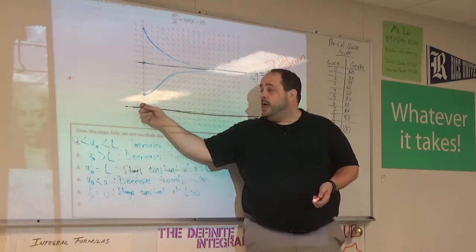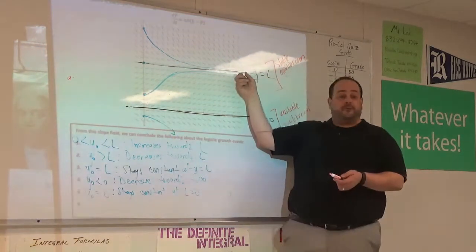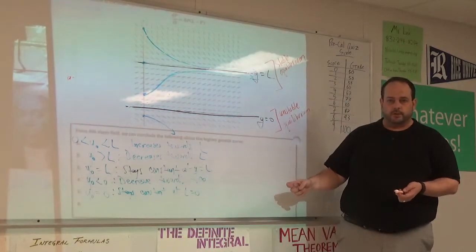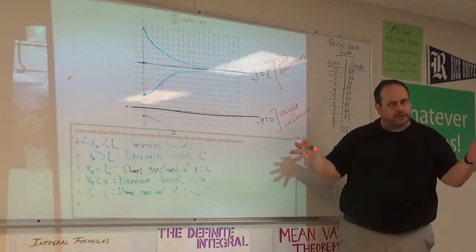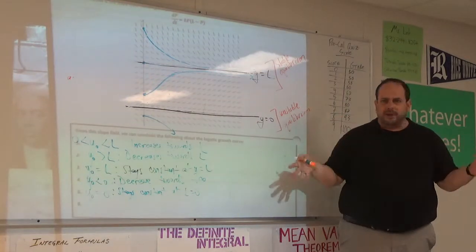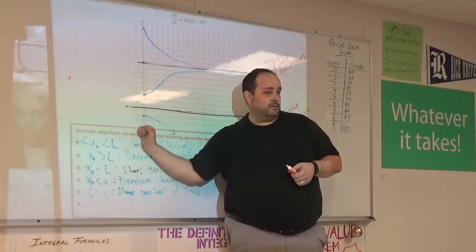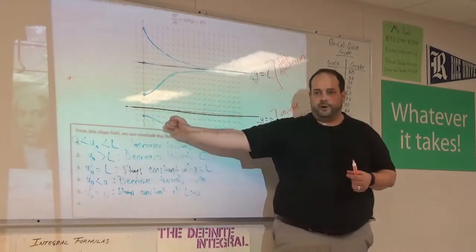My population grows away from 0, or my population decreases away from 0. Big picture, we okay? Don't get bogged down with the vocabulary. The grizzly bears work well, except over here.